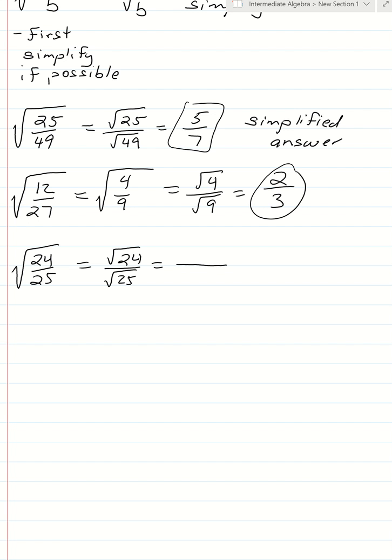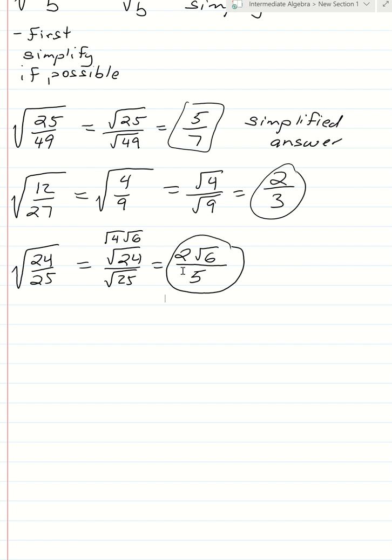In the denominator we see here a nice perfect square, the 25, and when we take the square root of the 25 we get the nice rational number 5. And now let's take a look at the square root of 24. The square root of 24 can be simplified. Not that 24 is a perfect square, but remember I can break it up using my factors of 4 and 6. And when we take the square root of 4, we get 2 square root of 6.